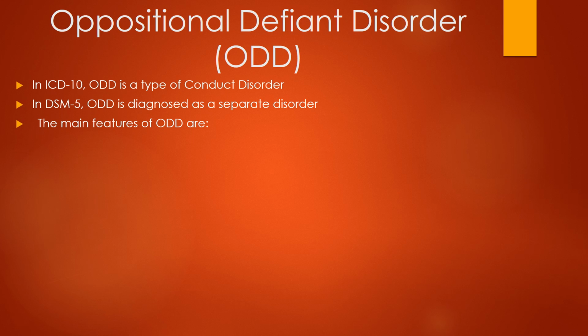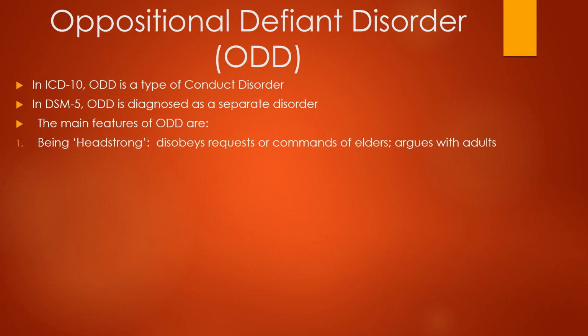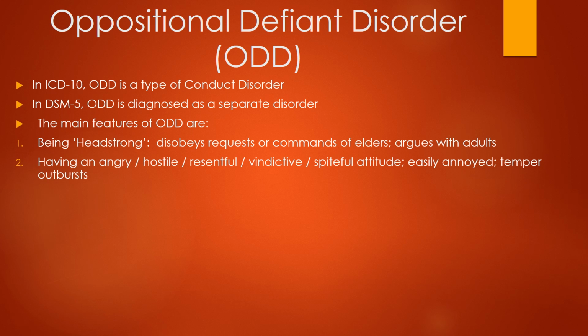The main features of ODD are being headstrong, so the child deliberately disobeys the requests or commands of elders and argues with adults, has an angry, hostile, resentful, vindictive, or spiteful attitude, is easily annoyed, and displays temper outbursts. In contrast to conduct disorder, serious violations of societal rules are not common in ODD.